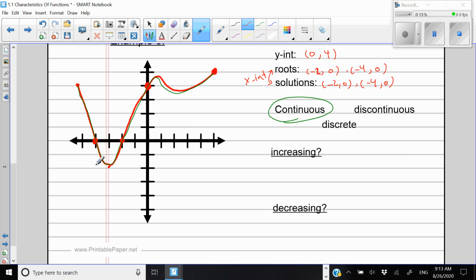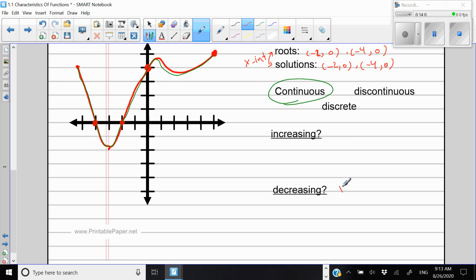How do I show that? I'm going to write the x values. At this point it's -1, -2, -3, -4, and -5. So from x equal to -5 to x equal to this point, which is -3, my function is decreasing.